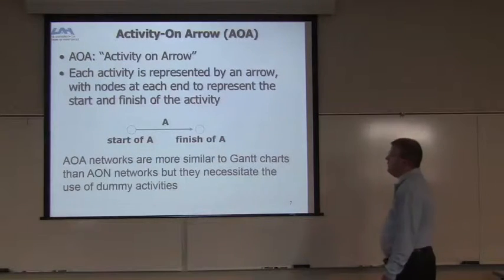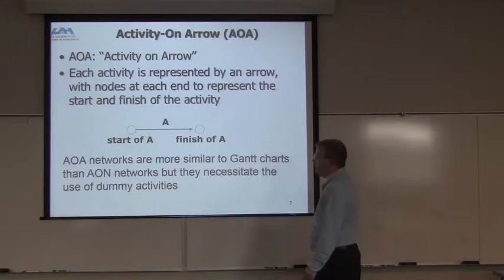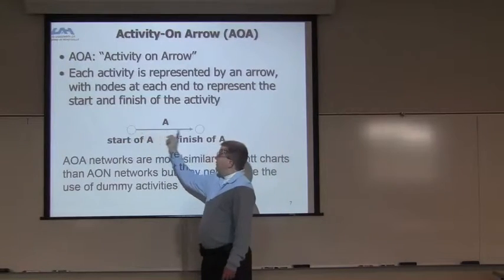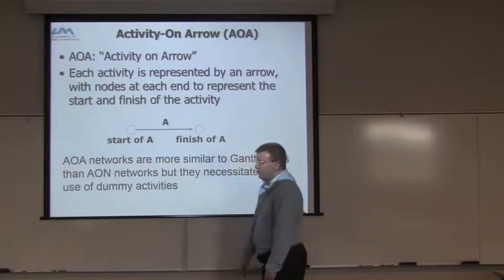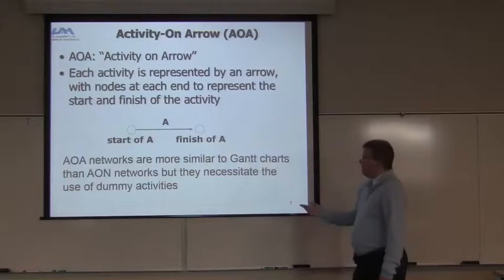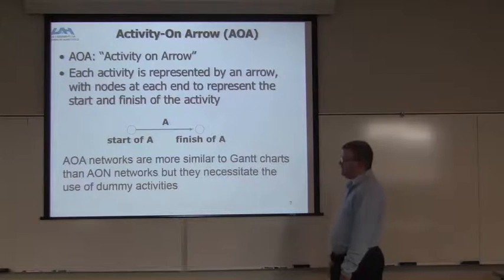On the arrow one, each activity is represented by an arrow with nodes at each end to represent the start and finish of the activity. So you've got the start point and the end point, and then the activity sits on the arrow. It's just a different form of it. They're more similar to Gantt charts than AON networks are, but they necessitate the use of dummy activities as well.